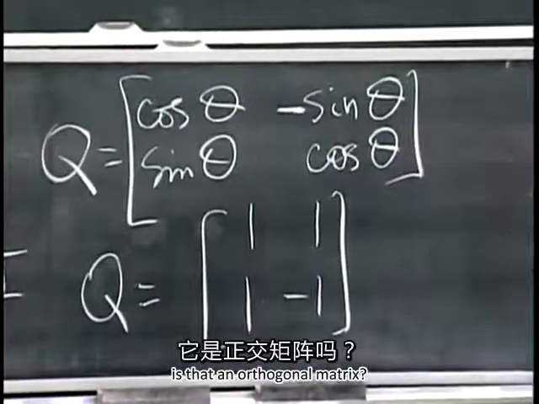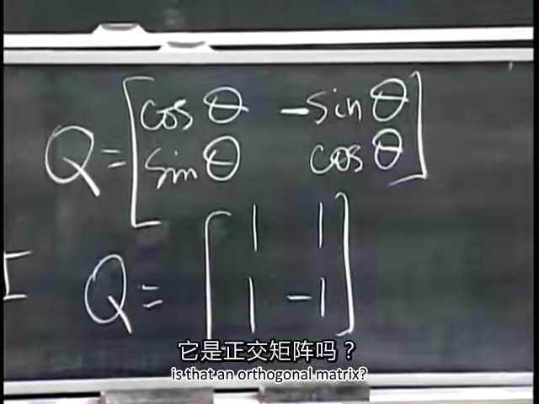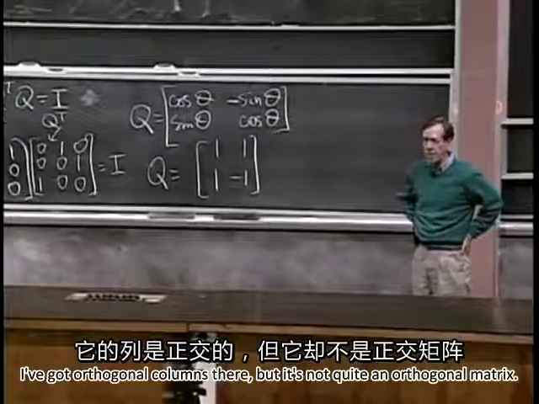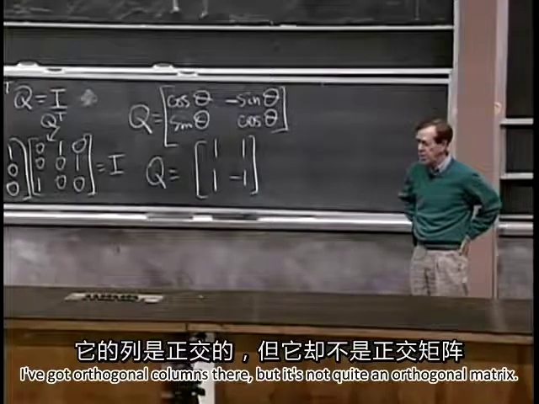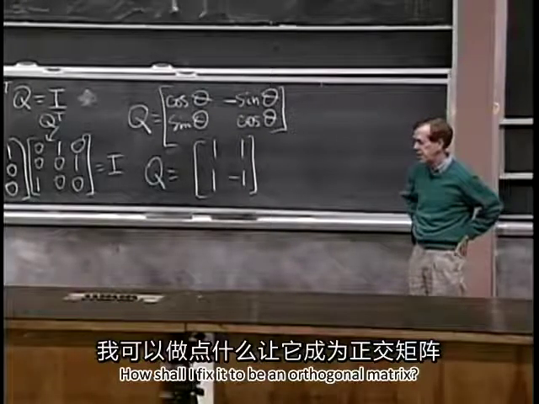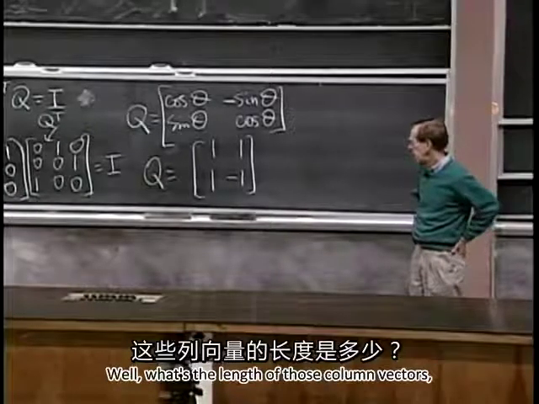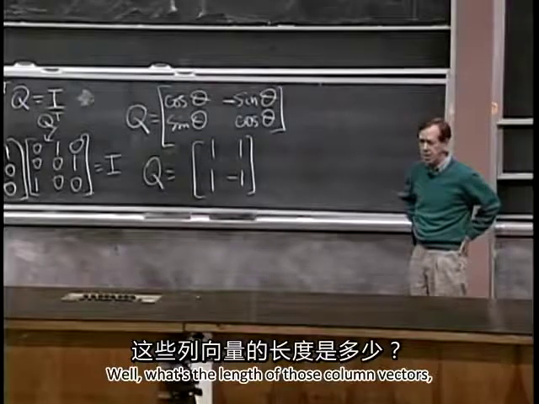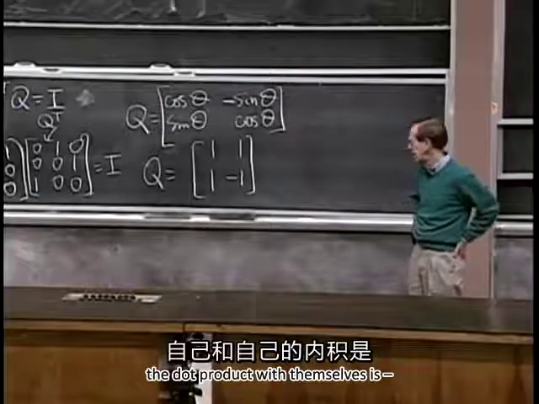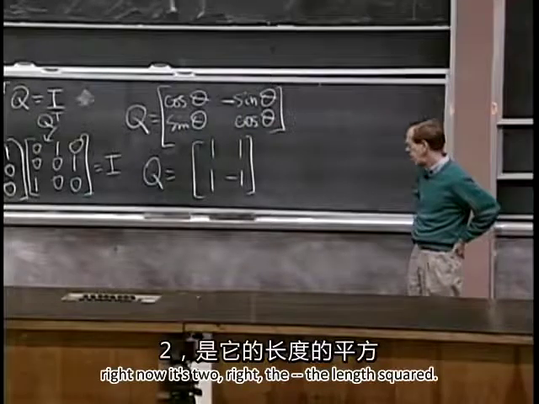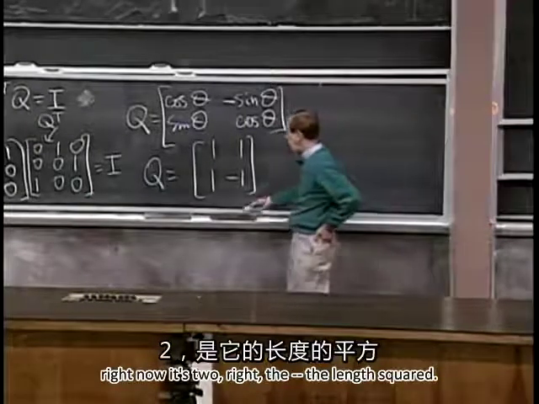Is that an orthogonal matrix? I've got orthogonal columns there, but it's not quite an orthogonal matrix. How shall I fix it? Well, what's the length of those column vectors? The dot product with themselves is, right now, 2.